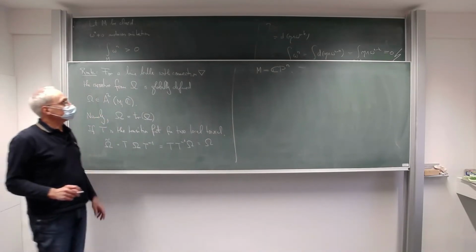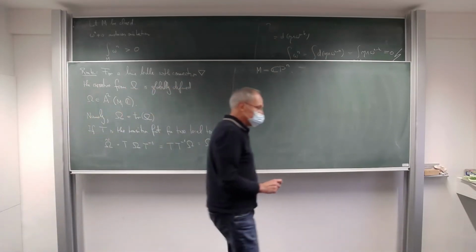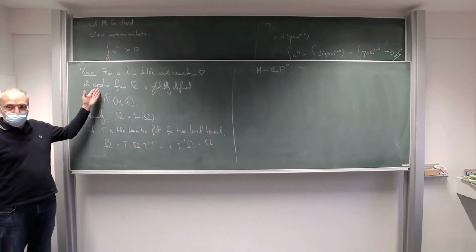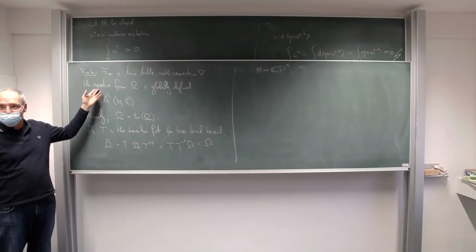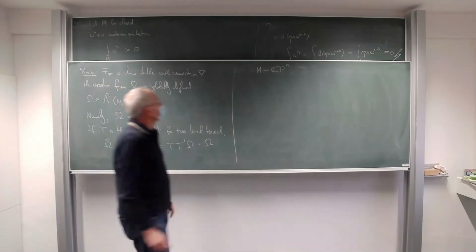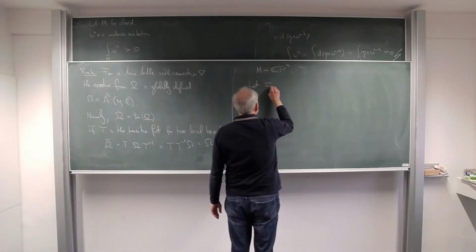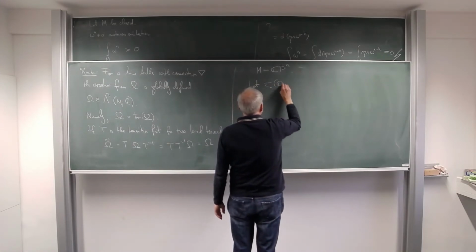And so what is the bundle we are using? I want to come up with a globally defined form, so it would be good if it was a line bundle. And we have one outstanding line bundle on complex projective space, and that's not the trivial line bundle, it's the tautological line bundle. I want to denote this by tau, like tautological, of CP^n.